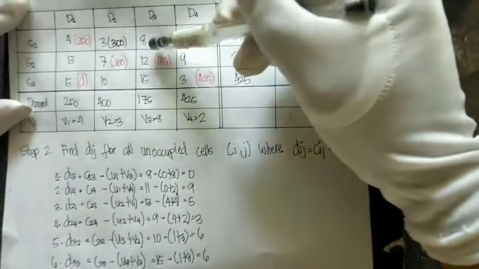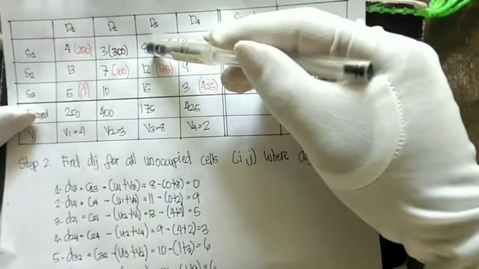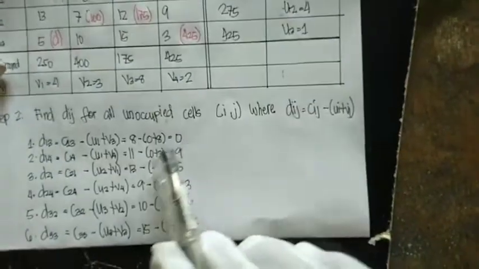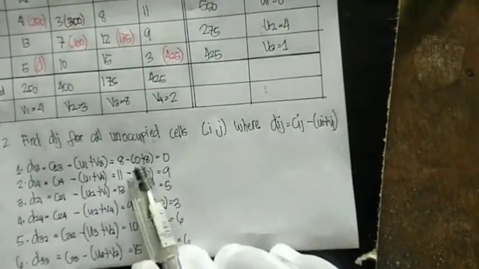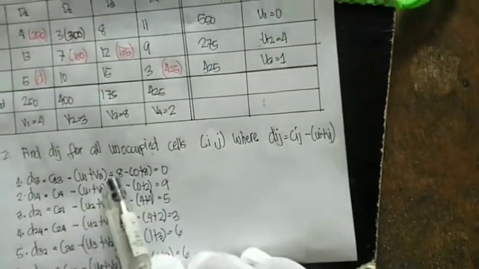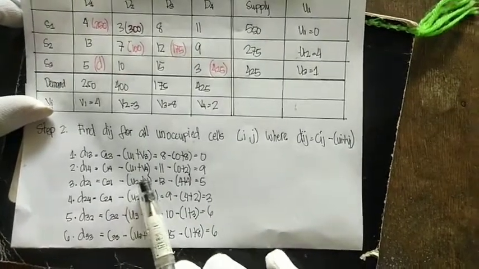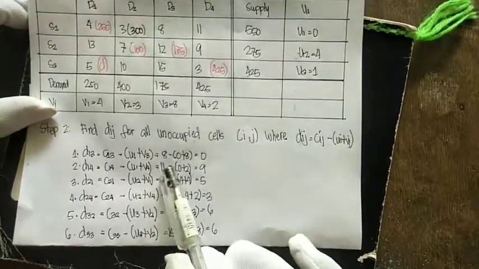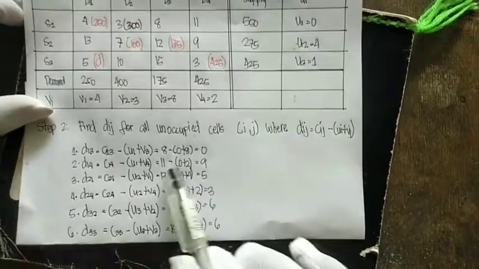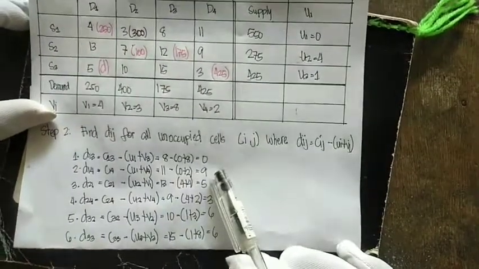The value for the Cij equals 8, minus our value for U1 equals 0, plus value for our V3 equals 8, equals 0. We have the same process for the next row. So D14 equals C14 minus U1 plus V4 equals 11. 11 minus 0 plus 2 equals 9.